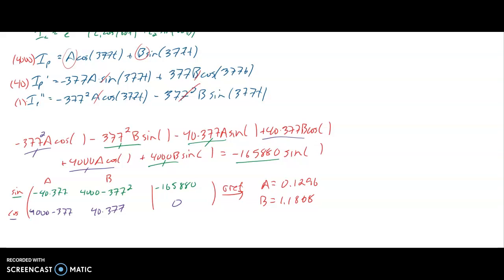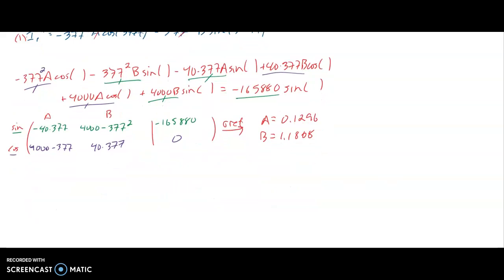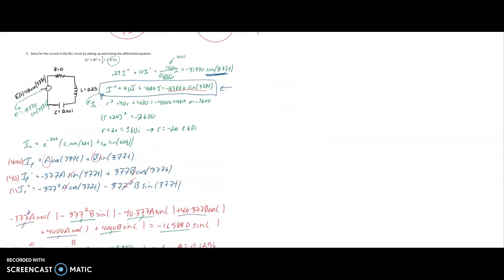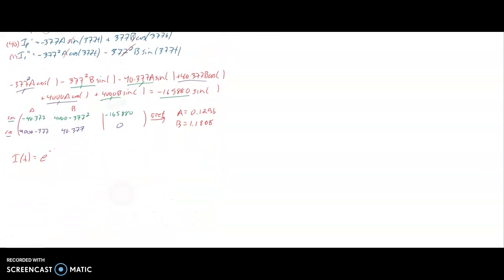So at this point, all I need to do is write out the full solution. So my I of t, the current flowing through this thing, is equal to e to the negative, what was it up there? What did I get for my xc? E to the negative 20.